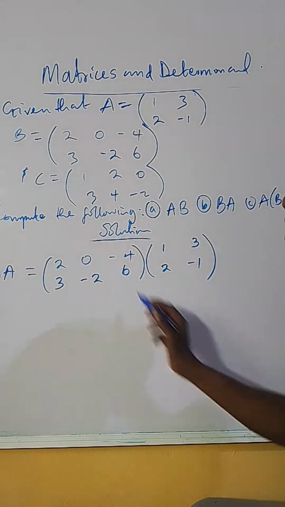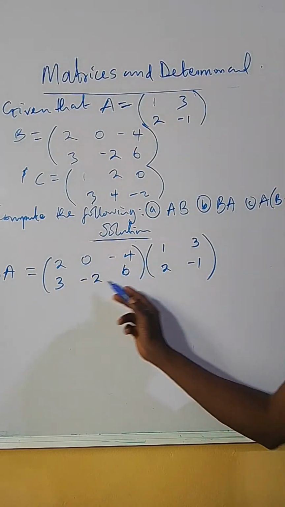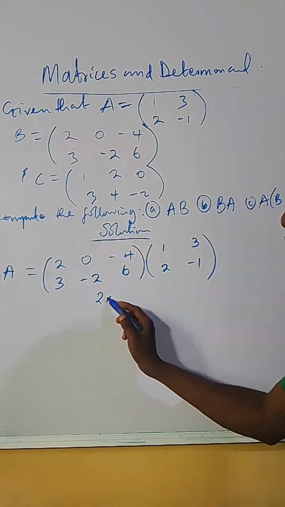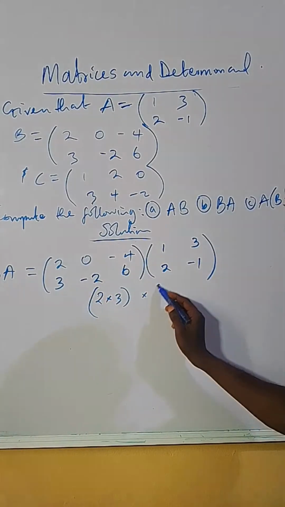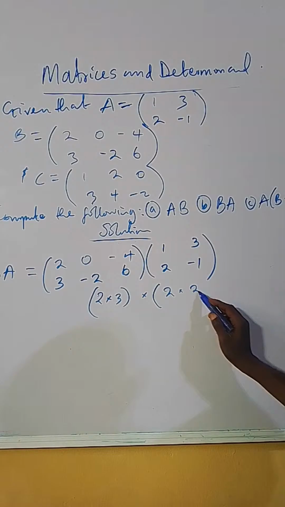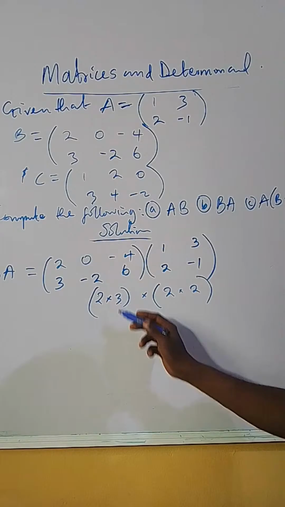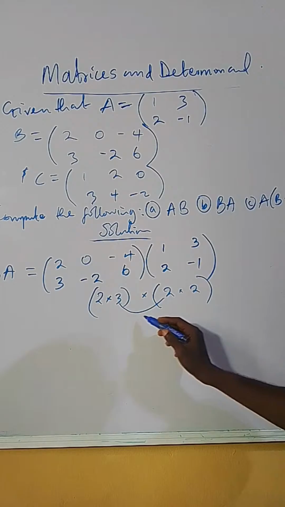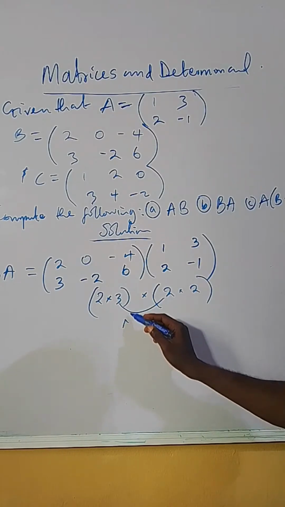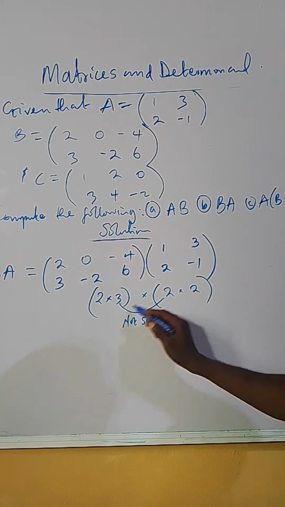Now for us to continue, we need to check if this multiplication is possible. We discover that the order here is 2 by 3, that's 2 rows and 3 columns, multiplying by 2 by 2. To confirm, we check the columns of the first matrix and the rows of the second matrix. Are they the same? They are not the same: this is 3, this is 2.